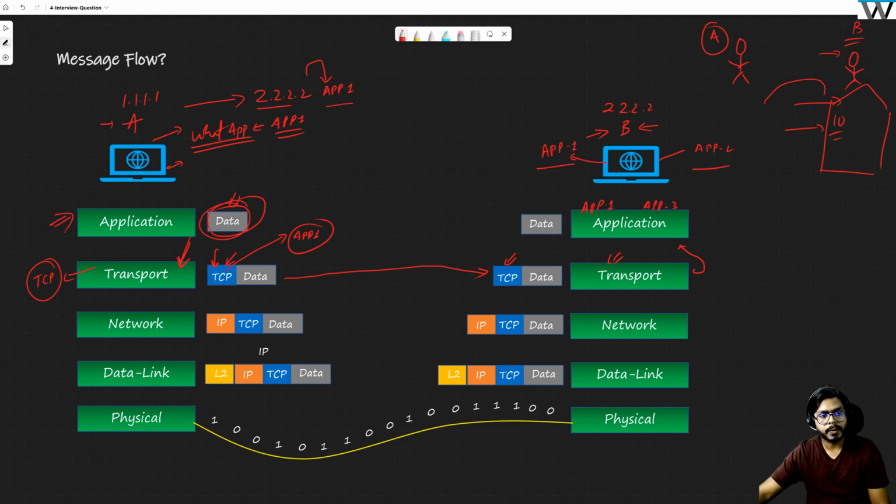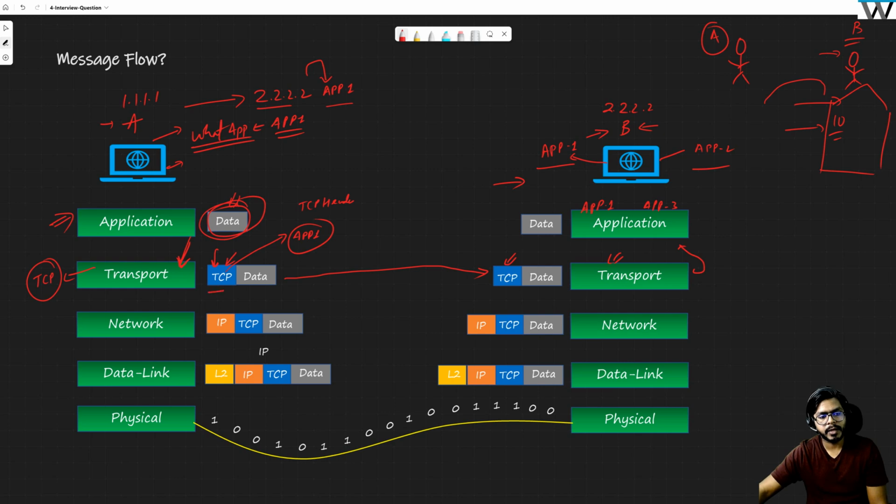So at the sender side, your transport layer puts some information which is going to be useful at the receiving end, so that this message is delivered to app 1. And that information, whatever you are seeing in this blue color, is your TCP header.